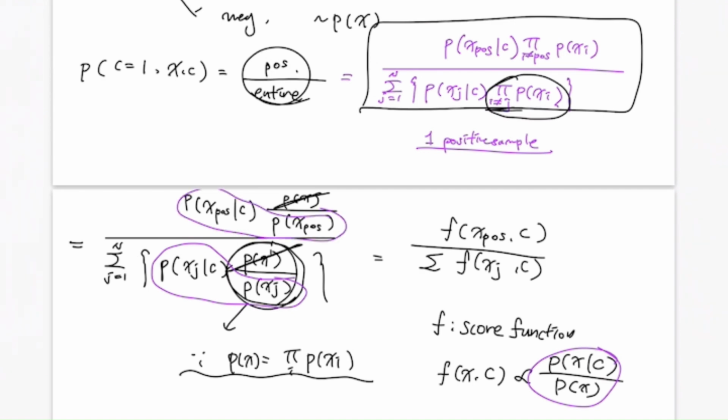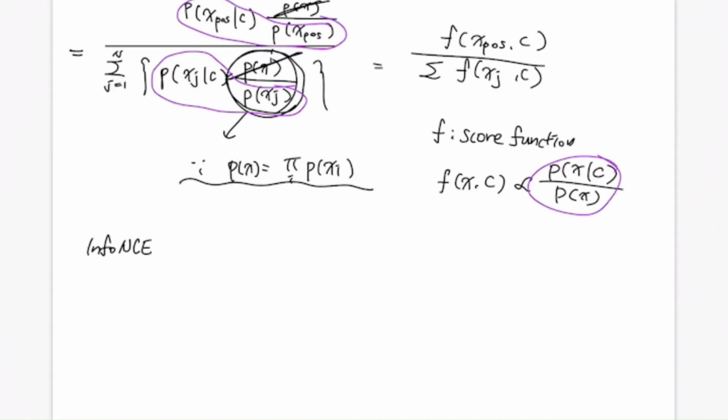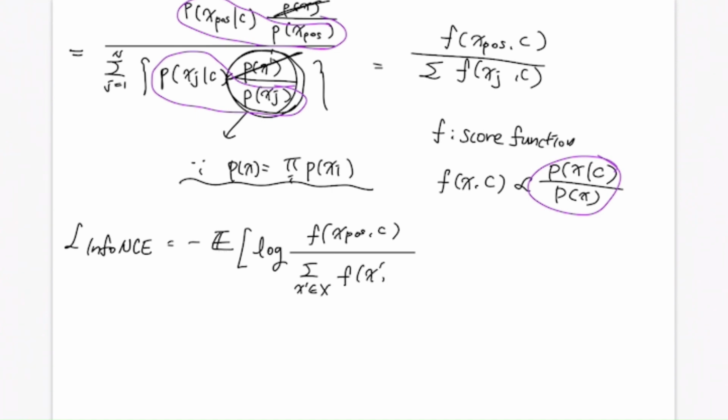Based on this, the InfoNCE loss is minus the expectation of the log of the score function of x positive and c divided by the summation over all x prime in our data of f(x prime, c).